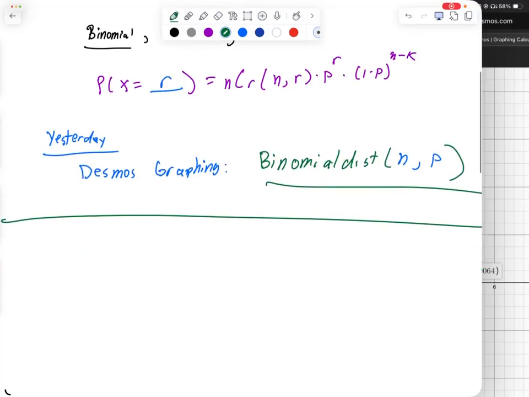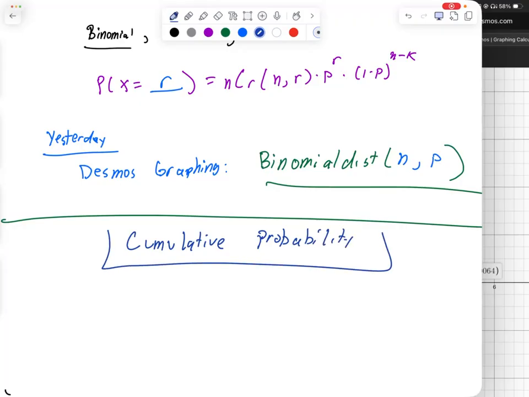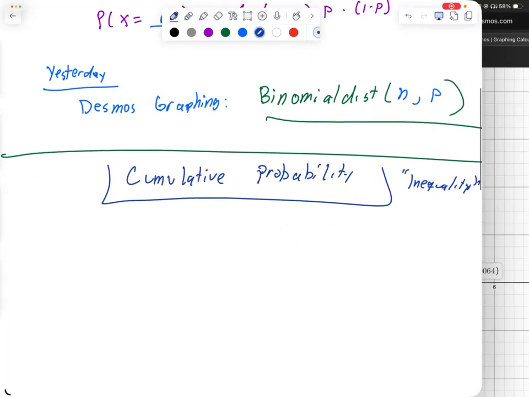Now we're going to introduce something you saw in your do now. It's called the cumulative probability. Cumulative probability is an inequality. We need to add some vocabulary words for these. There are 4 types of problems you're going to see. One, what is the probability that you get at most blank successes?